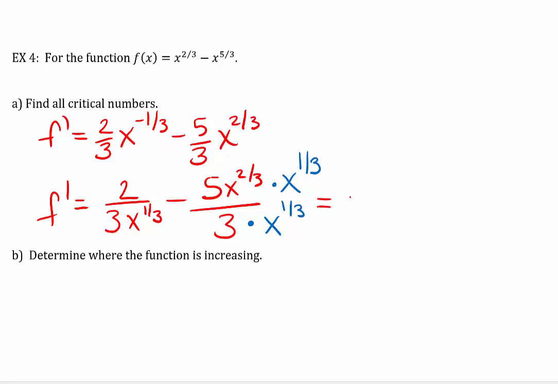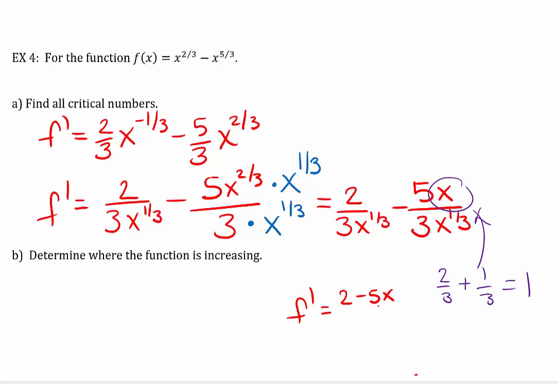And so now I've got 2 over 3x to the 1/3 minus x to the 2/3 times x to the 1/3. We can add the exponents. 2/3 plus 1/3 is 1. And so that becomes just a minus 5x in that second term. So my derivative is 2 minus 5x all over 3x to the 1/3.